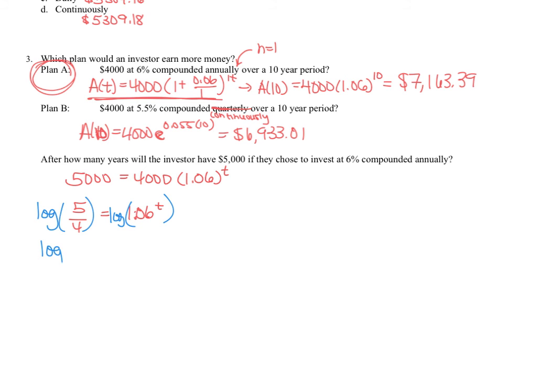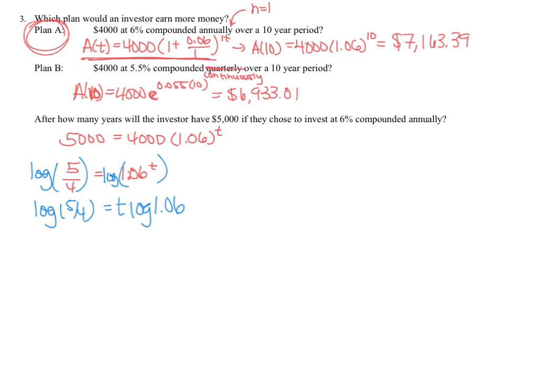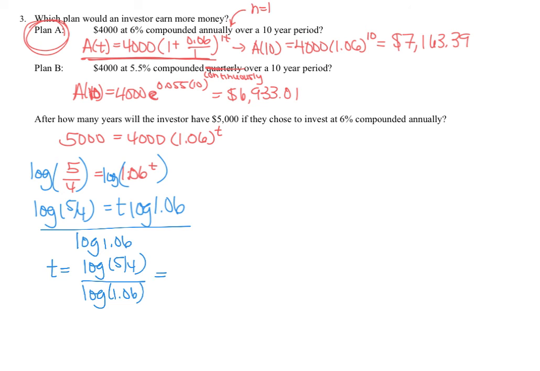So we get the log of 5/4 equals t log 1.06. And I'll divide both sides by the log of 1.06. So t equals the log of 5/4 over the log of 1.06. This is my calculator-ready answer. And then I'll round my final answer, 3.83 years.